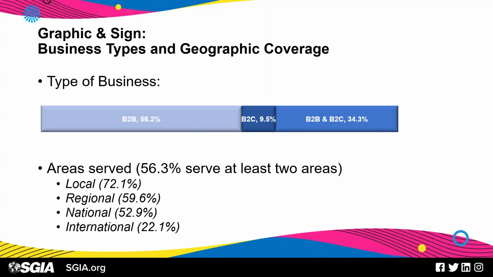More than half of the companies serve regional and national markets, and about a quarter serve international markets. But they cannot afford to focus on just one area, so at least two areas are covered by more than half of the companies. 56.3% mentioned that they cover at least 2 out of the 4 possible geographical areas listed in the survey.